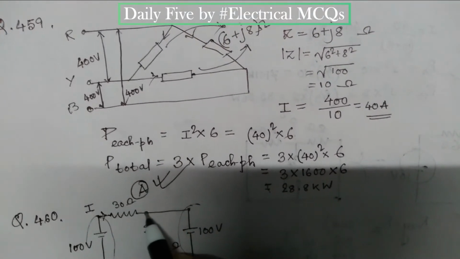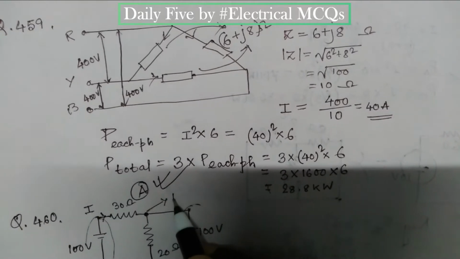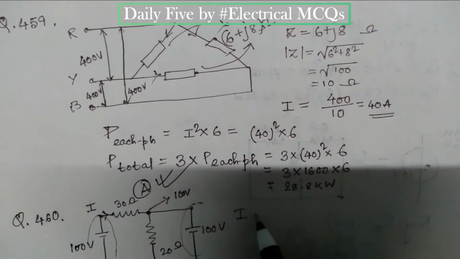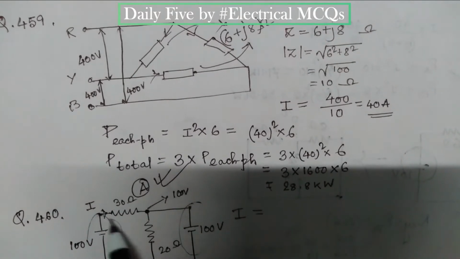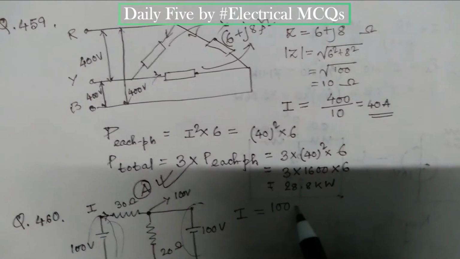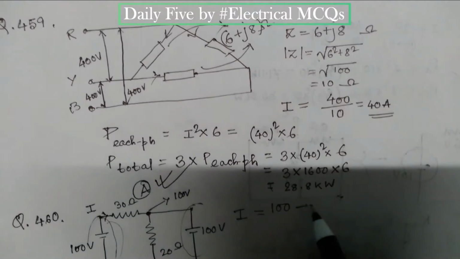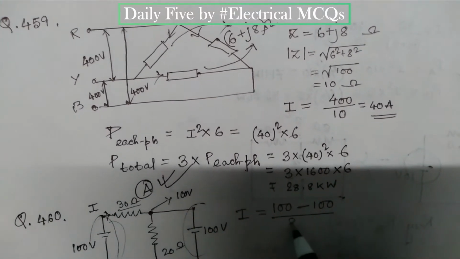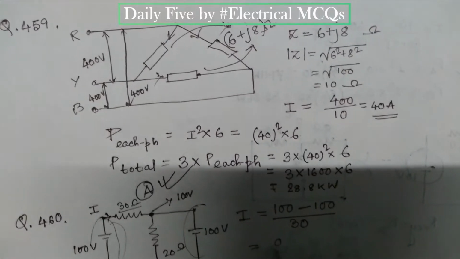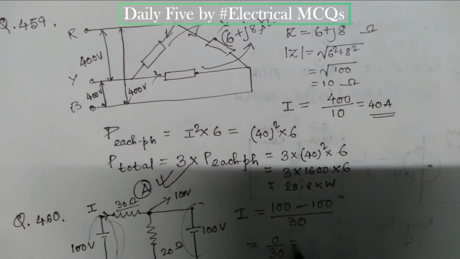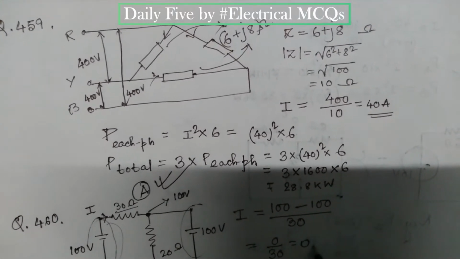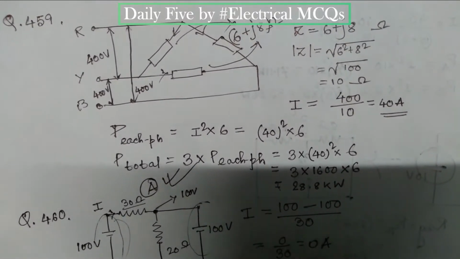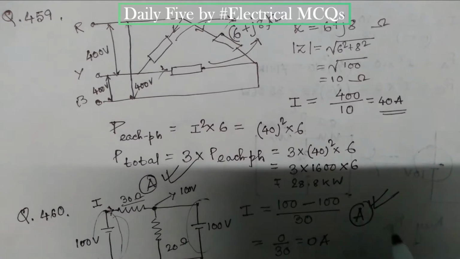So this point is also having a potential of 100 volts. So this current I will be equal to this voltage minus this node voltage divided by this resistance 30. So definitely the value of current I will be 0 ampere. So the option A will be the answer here.